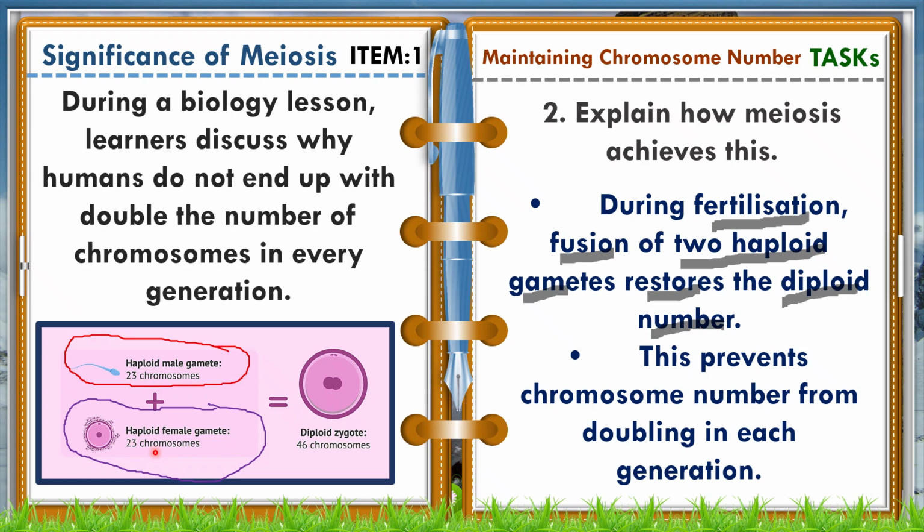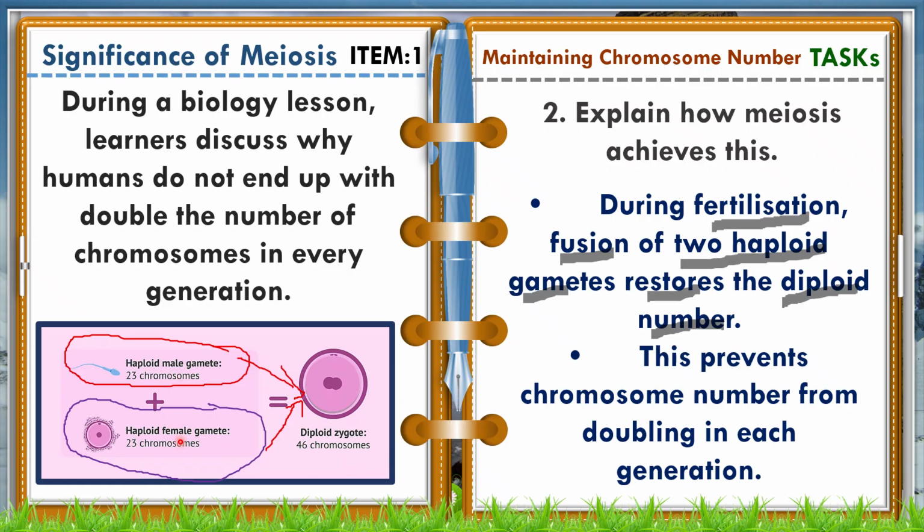So the 23 plus the 23 are going to sum up, and when they sum up, we are going to get what we call a diploid zygote, that is during fertilization. So this 23 plus this 23, we are going to get 46 chromosomes.